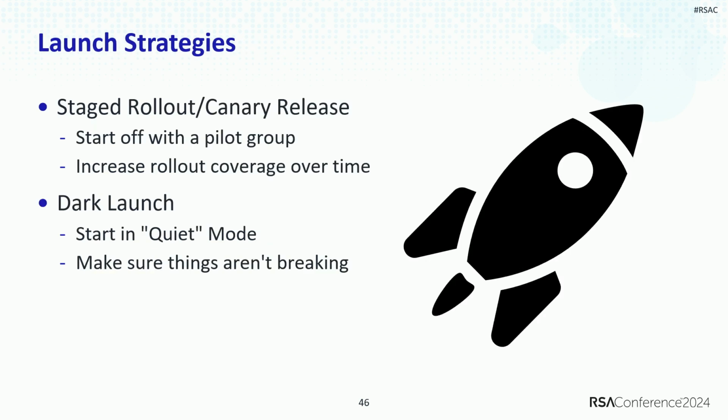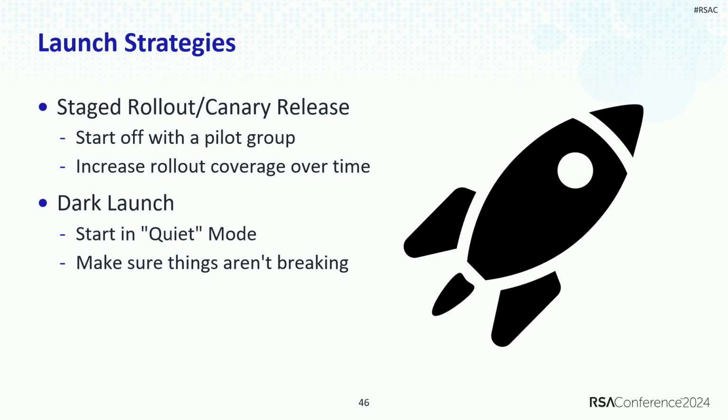So going back to launch strategies for AppSec tooling, there are different ways for you to do so. One of which is you can start off with a pilot group and increase rollout coverage over time. Later on, I'll give you a few examples of teams that make really good pilot groups.